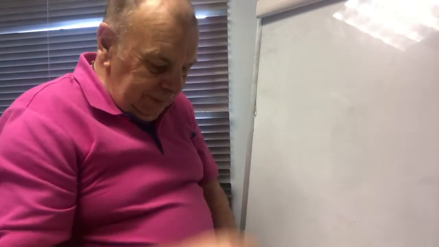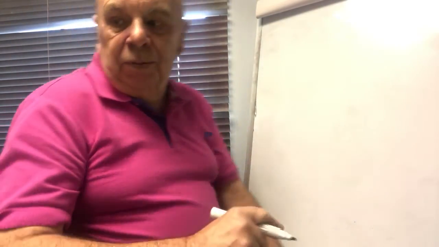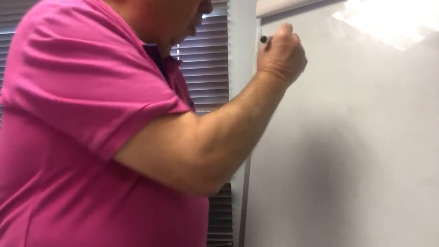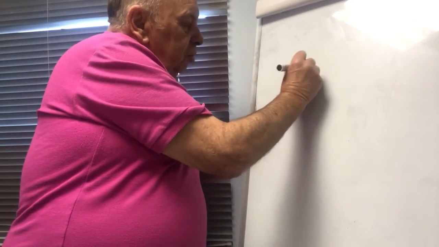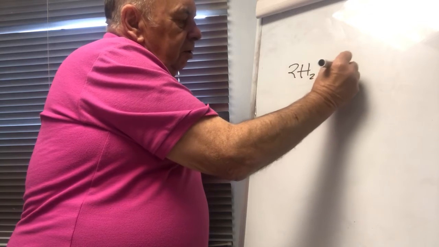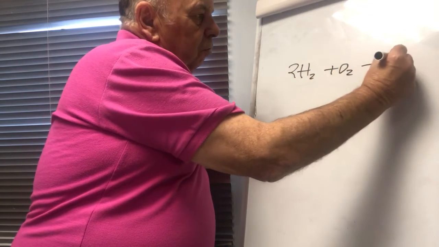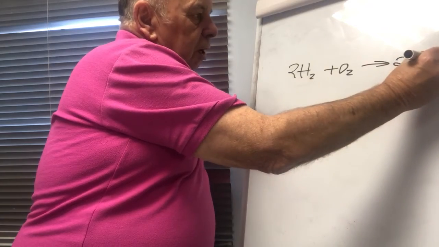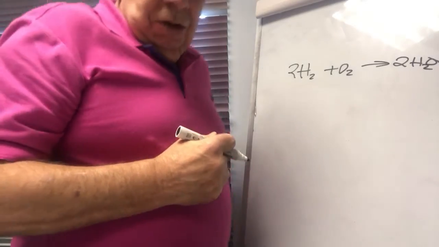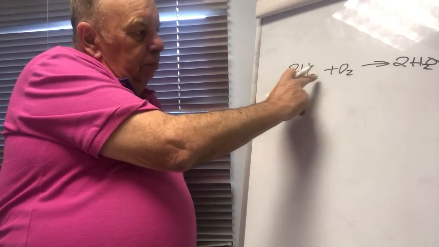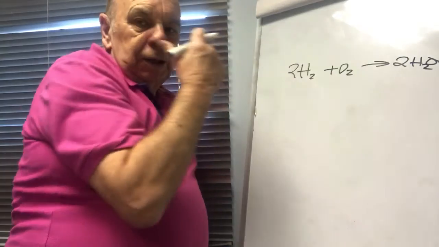Now, I've said in exothermic reactions bonds are broken, and in endothermic bonds are formed. Let's look at an actual example. Next, I've got hydrogen reacts with oxygen to form water, 2H2O. Let's look at the bonds in this, and the bonds in this, and the bonds in this.